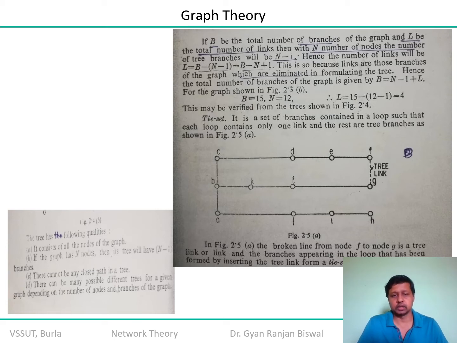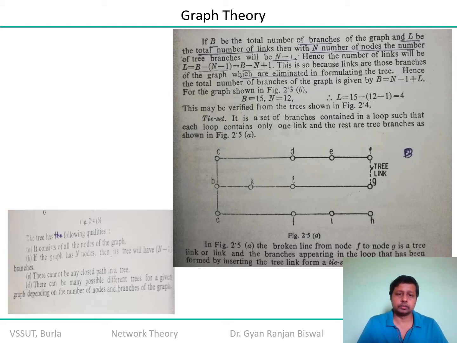If you find the total number of links and the total number of branches in the tree, you can easily find the total number of branches in the graph. So B will be equal to L plus the number of tree branches, n minus 1.